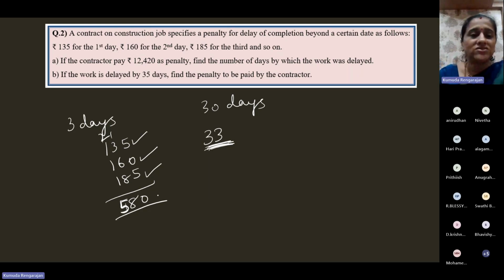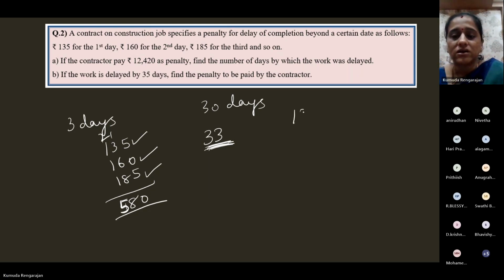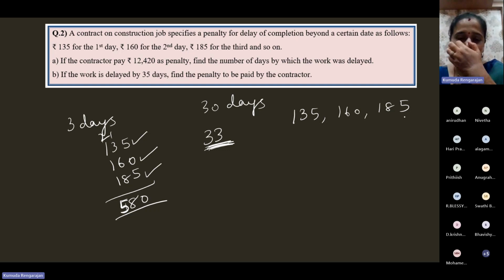So here we need to understand the meaning of these numbers. Because these numbers form an AP, 135, 160, 185, and so on. Now this 135 is for the first day, 160 is for the second day, 185 is for the third day.